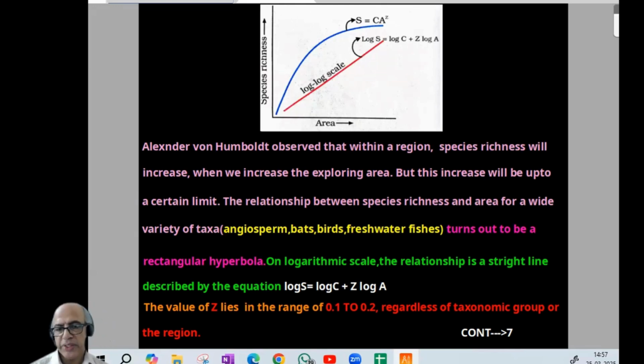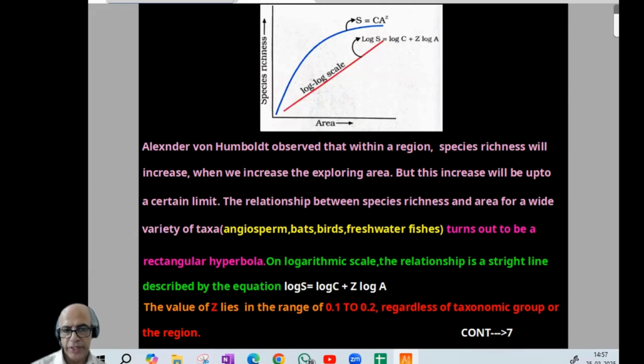The relationship between species richness and area for a wide variety of taxa, angiosperms, bats, birds, freshwater fishes, turns out to be a rectangular hyperbola. As I told you, this blue one is the rectangular hyperbola. And when we convert it into logarithmic scale, the relationship becomes a straight line. At the bottom, you can find it in red.